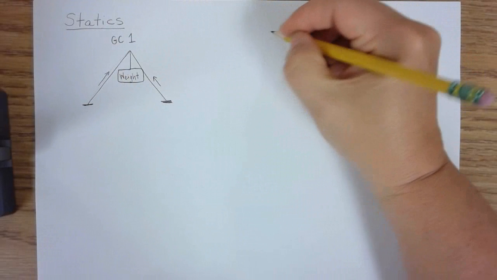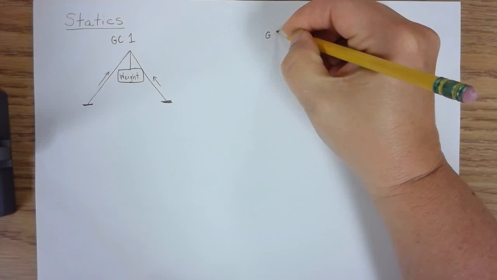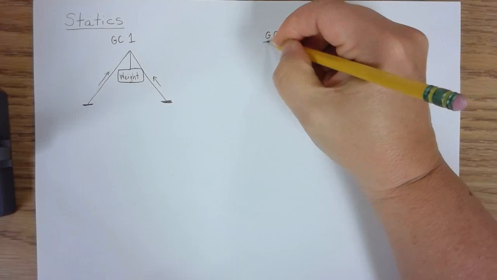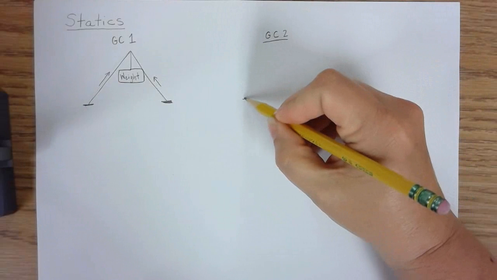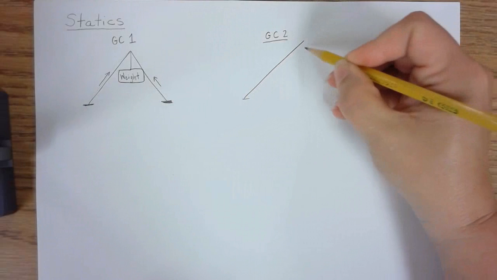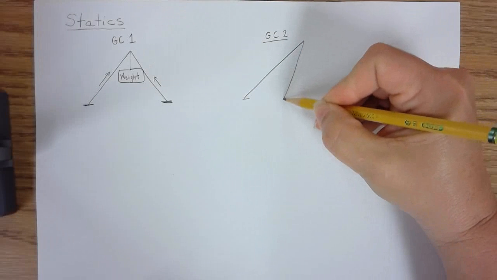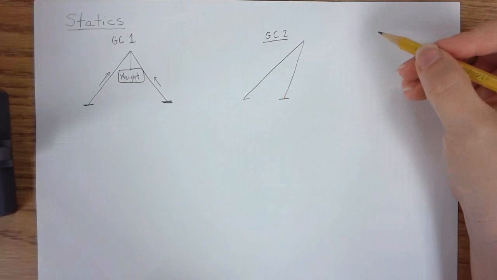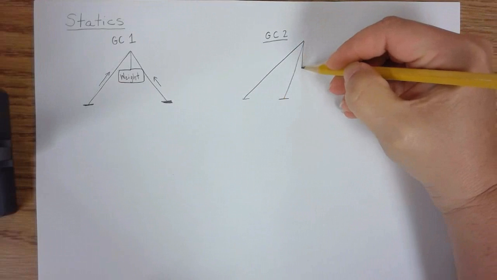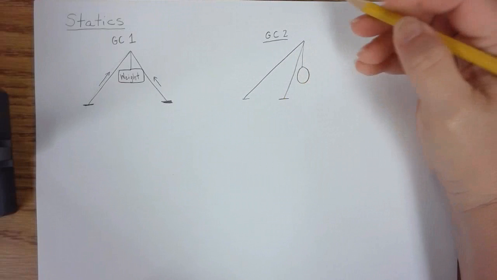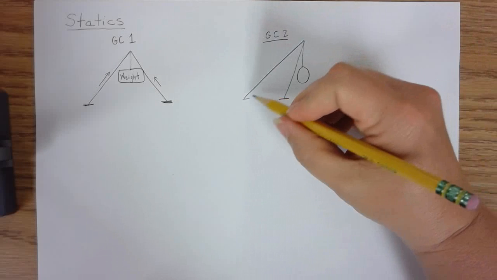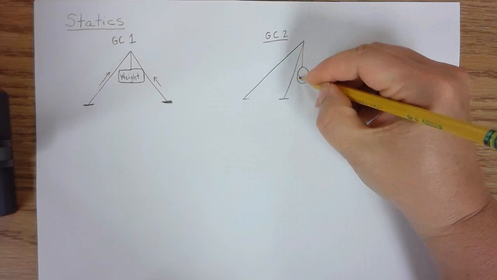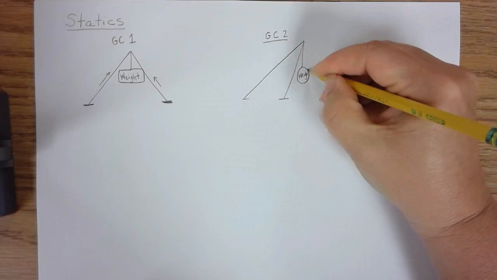Then we've got ground case 2, and the difference is that both of those supports are coming from the same side of the weight. Perhaps it's like a wrecking ball kind of thing, but both of these supports are coming from the same side of the weight.